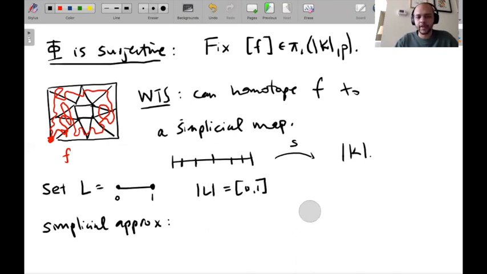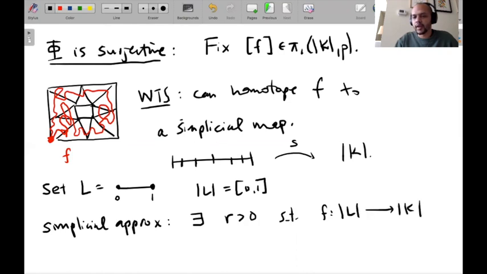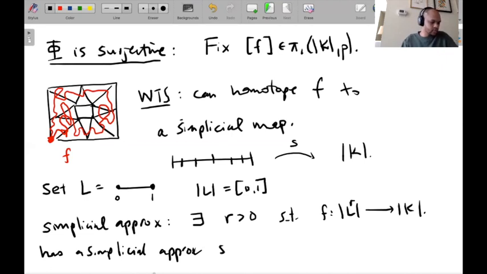So there exists R so that this map F from L to K, R, has a simplicial approximation S. And as we showed last time, S is homotopic to F. So this does exactly what we want.